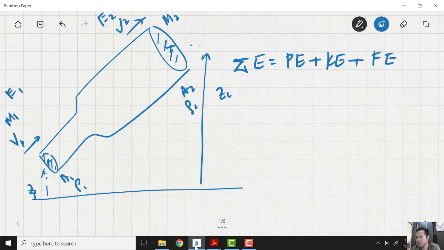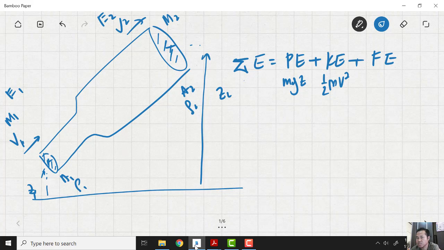Potential energy is mgz. Kinetic energy is half mass times velocity squared, and flow energy is work.